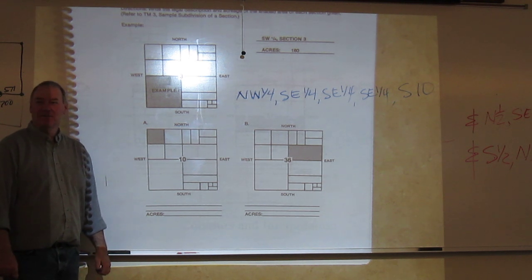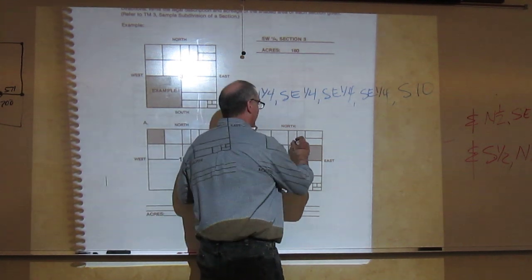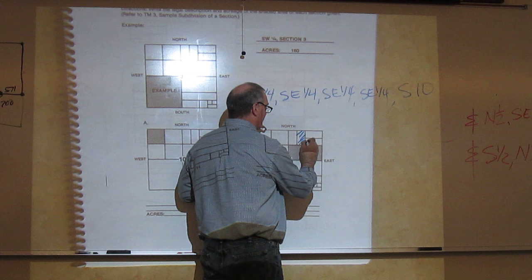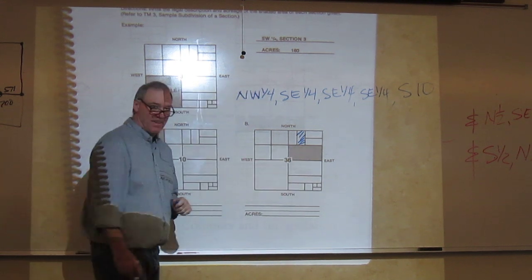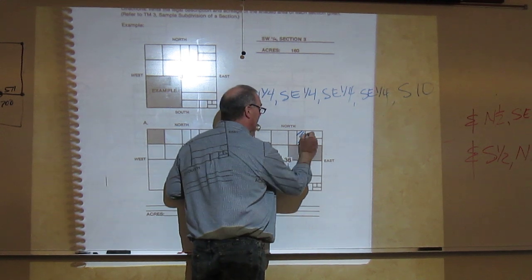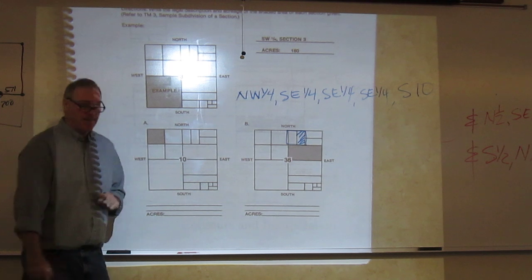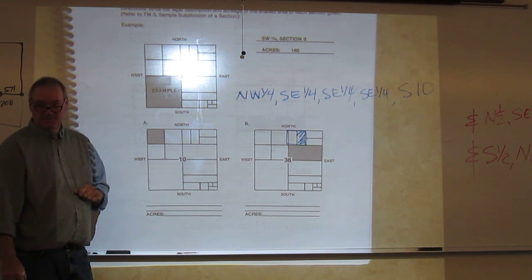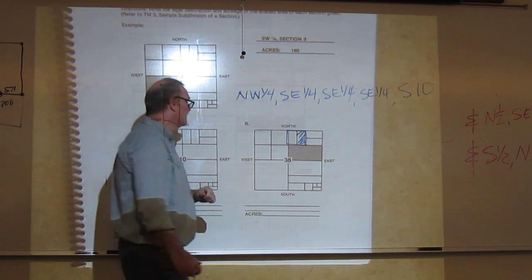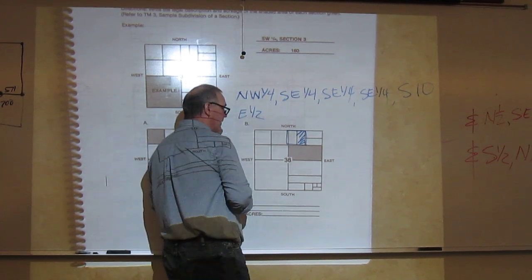You want to do one other one? Yeah. Do this piece right here. Okay, you gotta completely encompass the property, so I'm gonna start with this rectangle. So this is half. So I'm the east half.